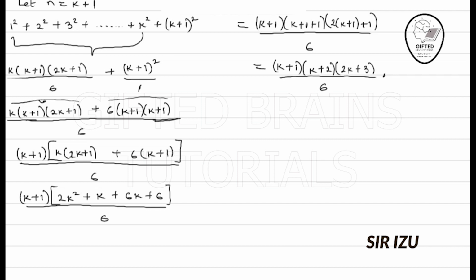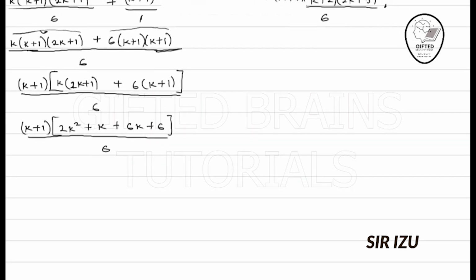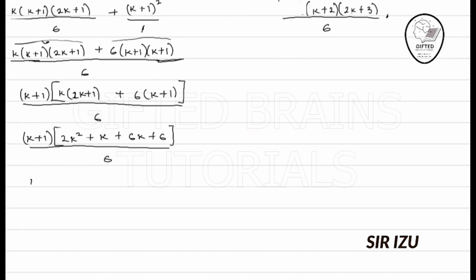So at the end of the day, I would have k plus 1 in bracket, 2k squared plus 7k plus 6, all over 6. Now we try to factorize this 2k squared plus 7k plus 6.